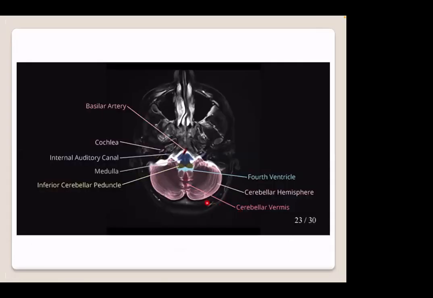As shown in this nice diagram, we see the cerebellum, vermis, and the fourth ventricle anterior to it, the inferior cerebellar peduncles just connecting to the medulla, and more anteriorly we have the basilar artery, laterally the internal auditory canal, and the cochlea.